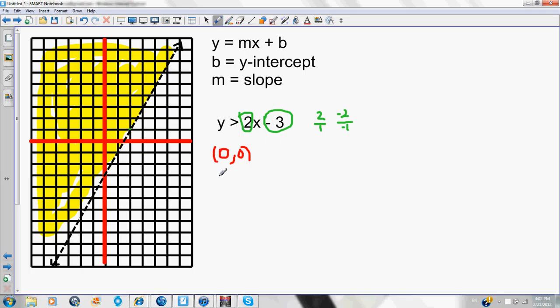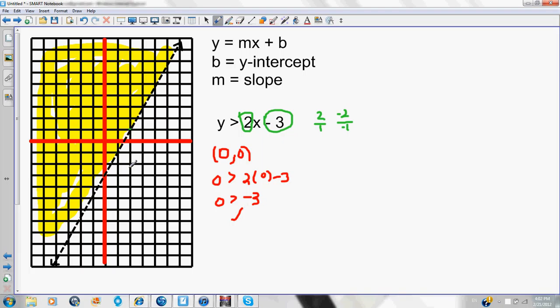So that means that 0 is greater than 2 times 0 minus 3. And that would give us 0 is greater than, 2 times 0 is 0, minus 3 gives us minus 3. So is 0 greater than minus 3? Yes, it is. So that means that that is a solution.